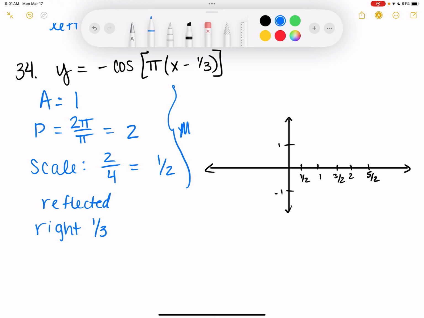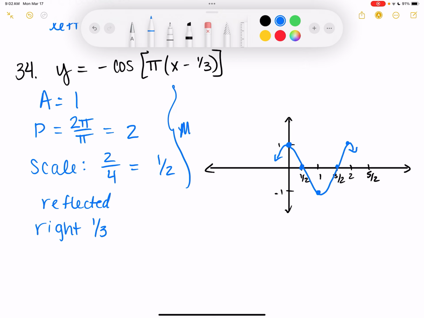So I start up here at 1, and cosine makes a V. Okay, that's 1 full cycle as it makes a V. So it comes down, goes down again, and then it comes back up, and it loops around. Well, if I can connect the dots. Close enough. So that's the baseline graph with nothing happening to it.